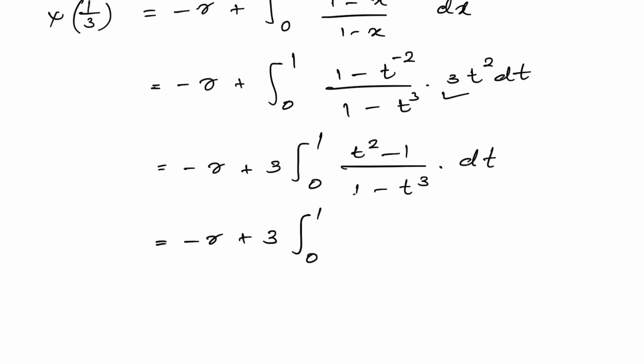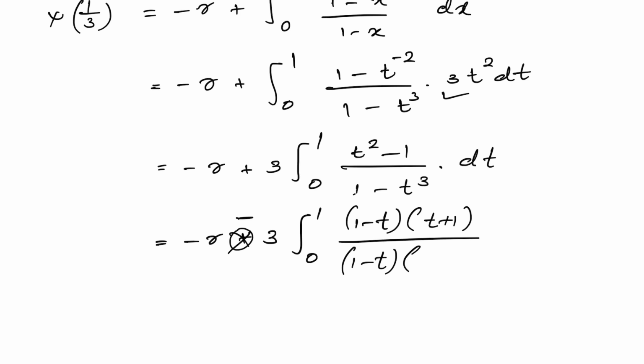Okay, I'm going to change this plus sign to minus. Then here we have (1 minus t) and (t plus 1), and here we have (1 minus t) and (t squared plus t plus 1), dt.